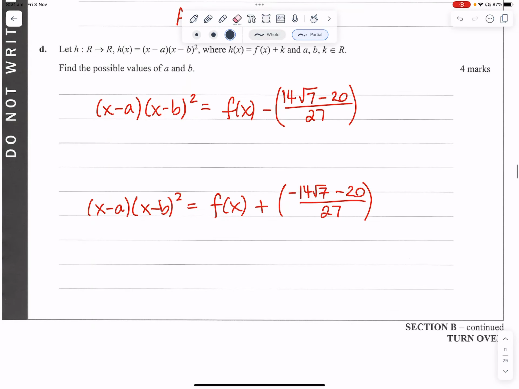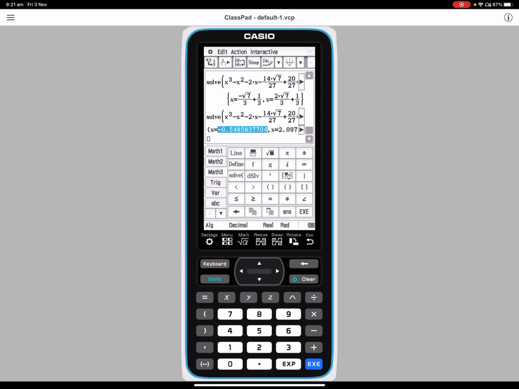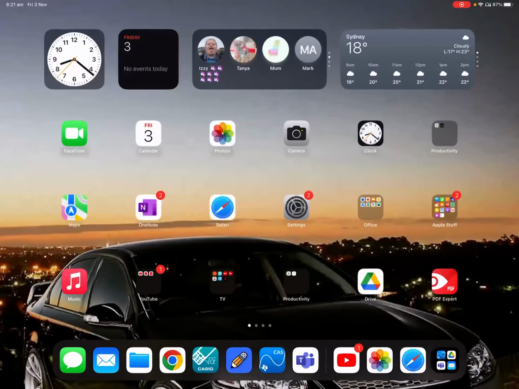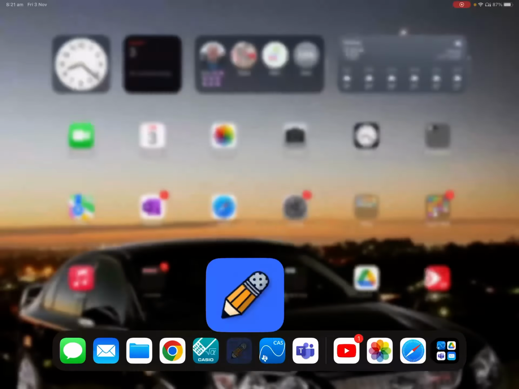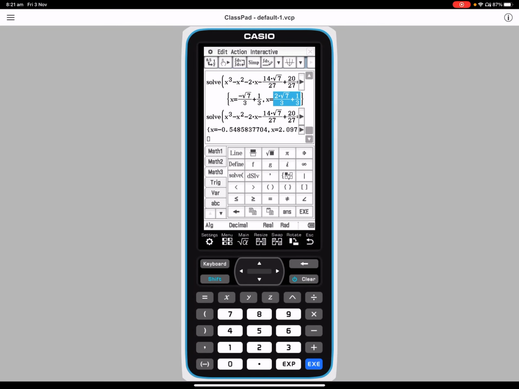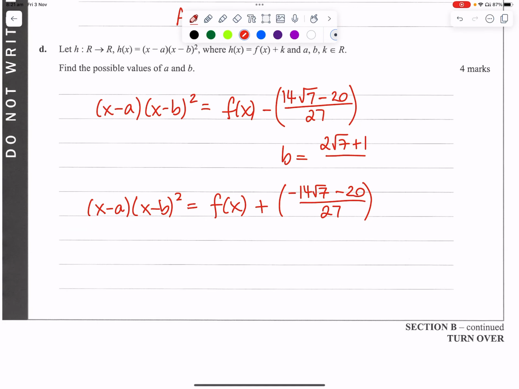So when we moved it down, we get that our turning point value, which is B, is that. So 2 root 7 plus 1 on 3. 2 root 7 plus 1 on, was it 3? 3. And A is 1 minus root 7 on 3.